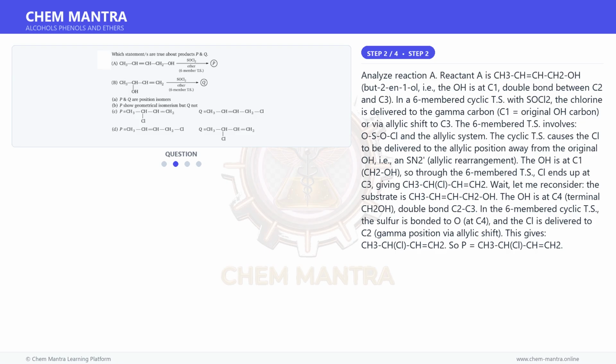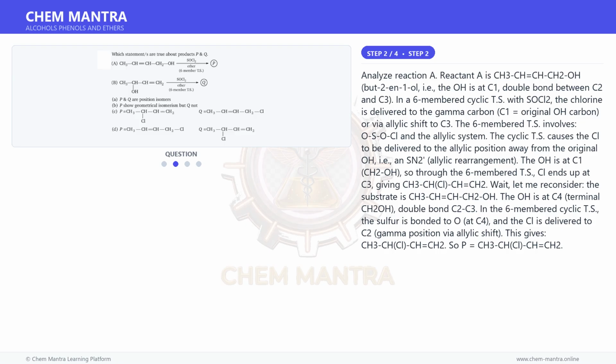The 6-membered TS involves OSOCl and the allylic system. The cyclic TS causes the Cl to be delivered to the allylic position away from the original O, i.e., an SN2' allylic rearrangement. The O is at C1, CH2OH, so through the 6-membered TS, Cl ends up at C3 giving CH3-CHCl-CH=CH2.